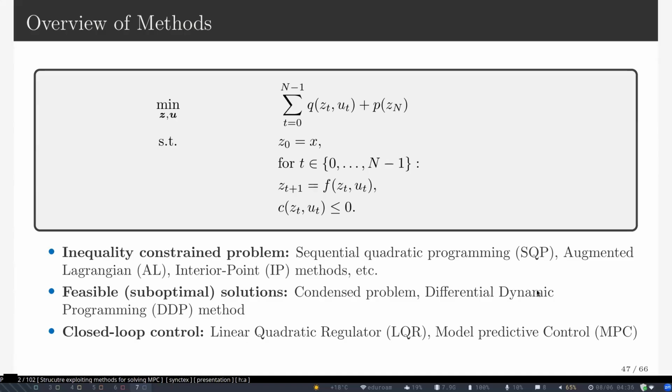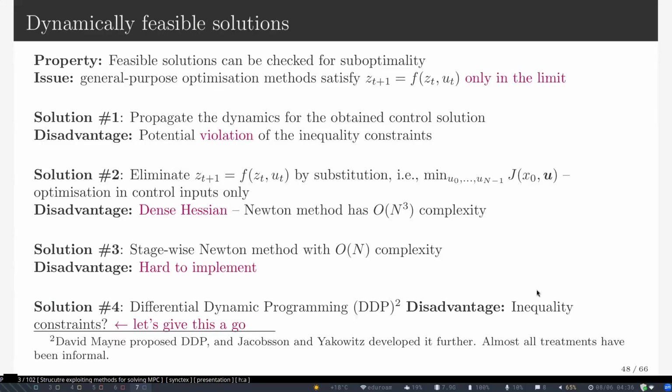And if I didn't have the constraints and the dynamics were linear and the costs were quadratic, I could use LQR solutions. And really the use of these is repeatedly solving them so that we can come up with an MPC implementation. So when I talk about dynamically feasible solutions, let me go back.